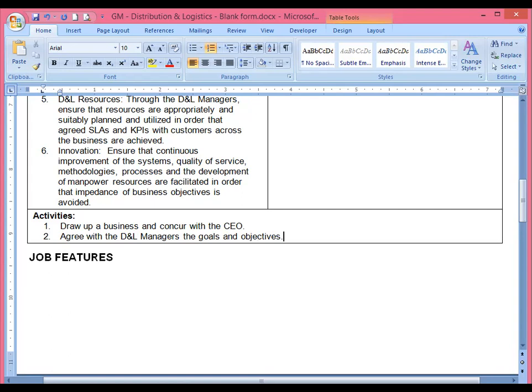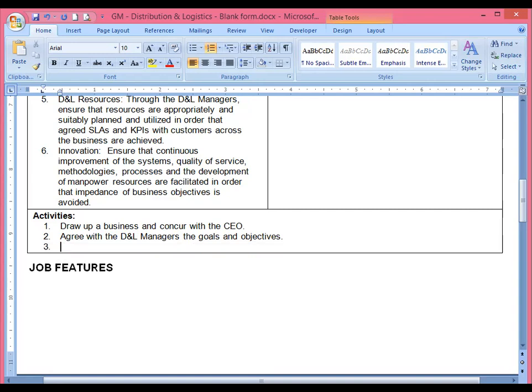As head of the function, the general manager should discuss all the activities, in terms of the goals and objectives, with the DNL managers for concurrence and clarification.